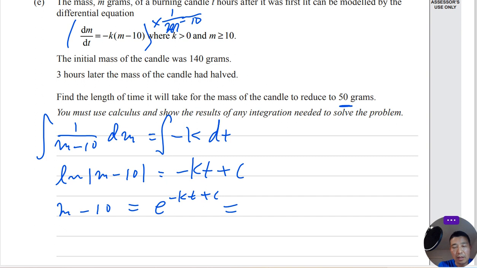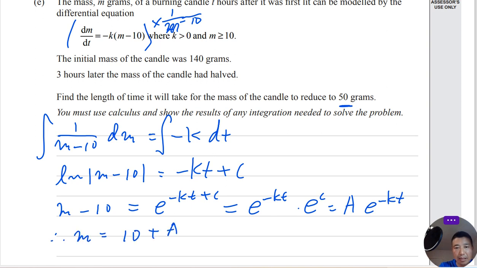And now I can split this to e to the power of negative kt times e to the power of c, isn't it? Then because c is a constant, I can just say e to the power of c is a. So therefore, the mass is 10 plus a e to the power of negative kt.